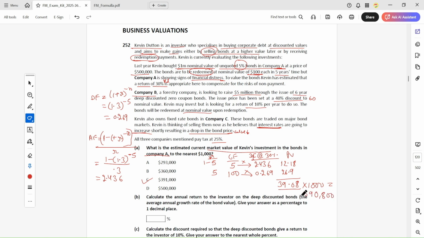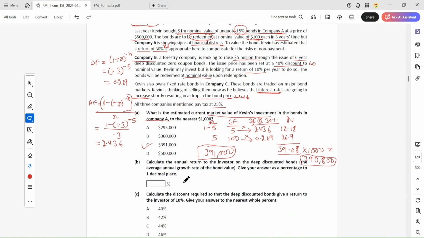Okay, so this is the answer, and when we round off to the thousand, this 80 will become 39,100. So we have to round up. Okay, this is the answer.